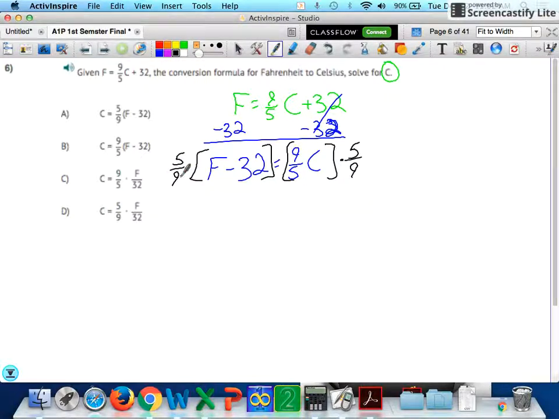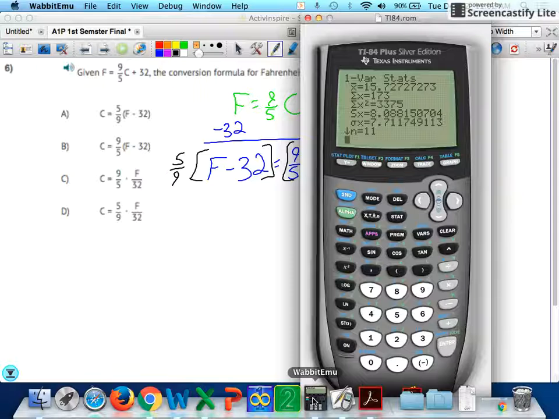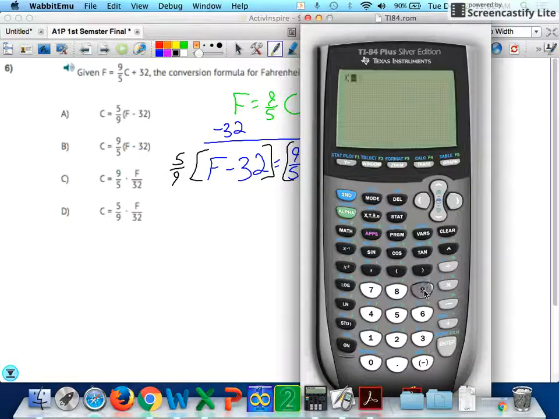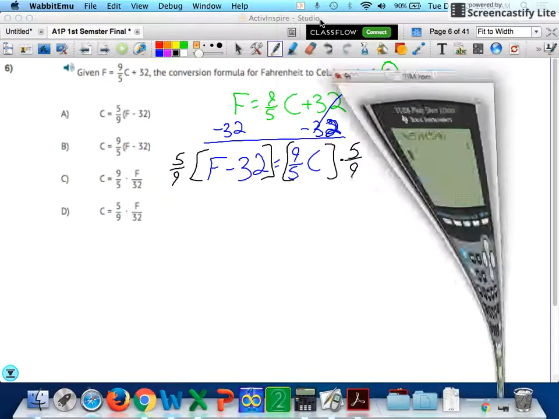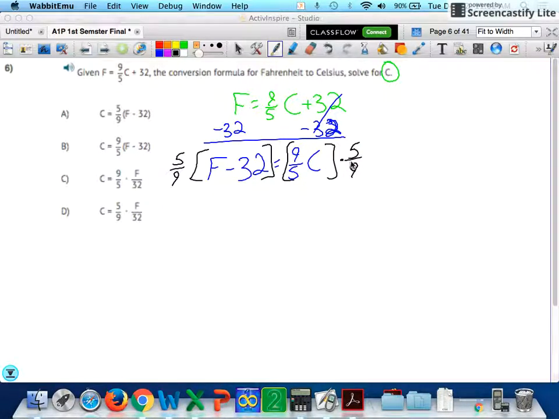If you're not sure about that or you forget and you want to check it in your calculator, if you do 9 divided by 5 times 5 divided by 9, it equals just a plain old 1. That's called the reciprocal. So what happens when these 2 pieces multiply together is we're left with a 1C, which is just a C.